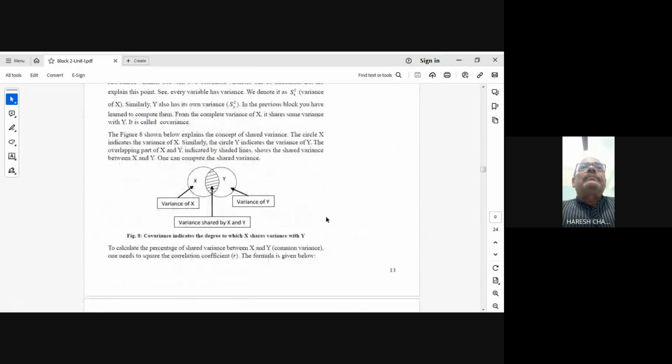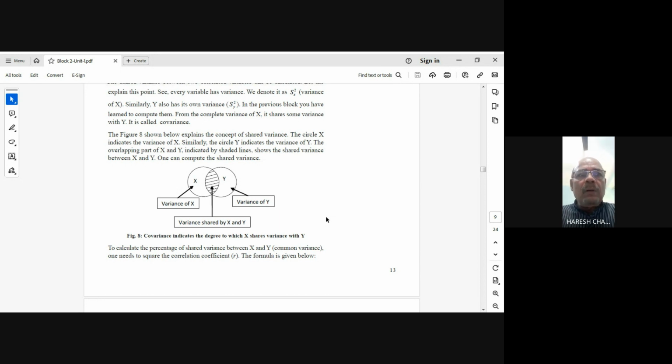Now another important thing is when we go for analyzing the correlation or calculating the correlation, there are three things that are taken into consideration. One, the most important thing is the covariance. Correlation formula is covariance divided by the variance of variable 1 into the variance of variable 2.